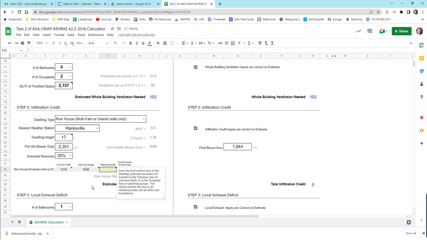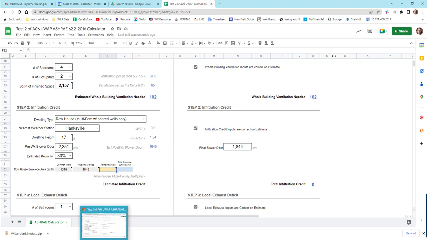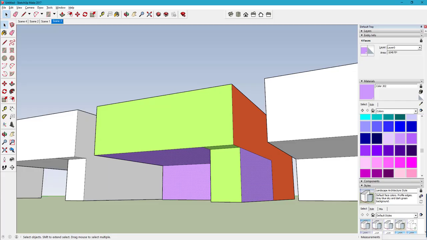And then we need to know what the remaining area is, that all of the walls, attics, foundations that are exposed to the outside or are sitting on the ground or whatever. So we need to know what the surface area of all these green walls are.